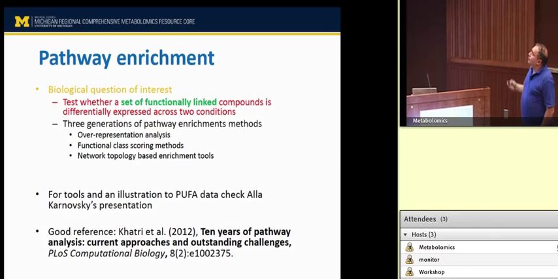So pathway enrichment came out when people wanted to enrich GO terms, gene ontology, and then it became very popular in microarray studies. The biological question of interest is whether a set of functionally linked, in this case, compounds or metabolites, is differentially expressed across two conditions.